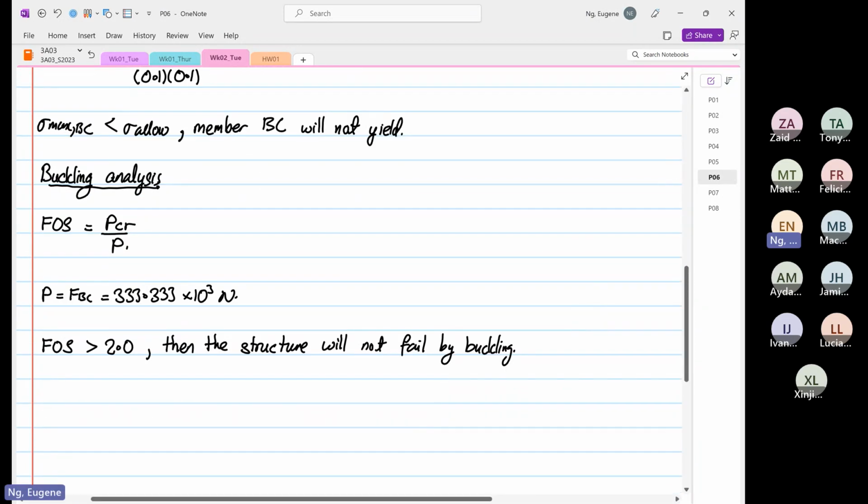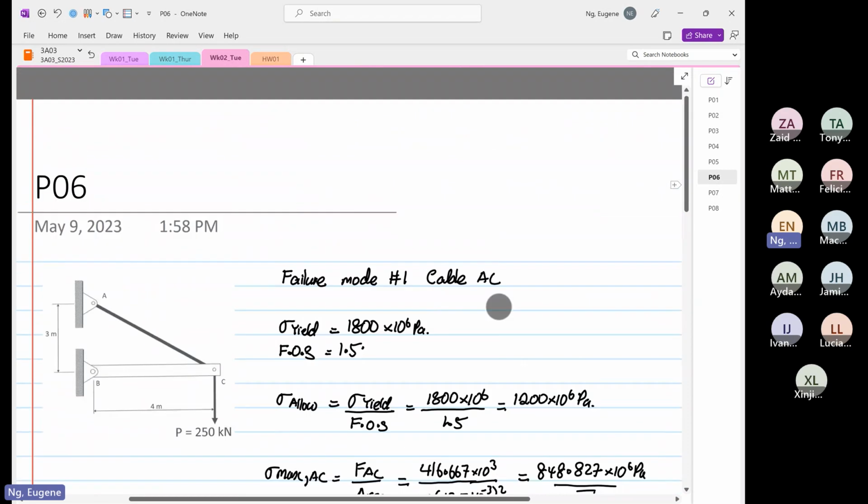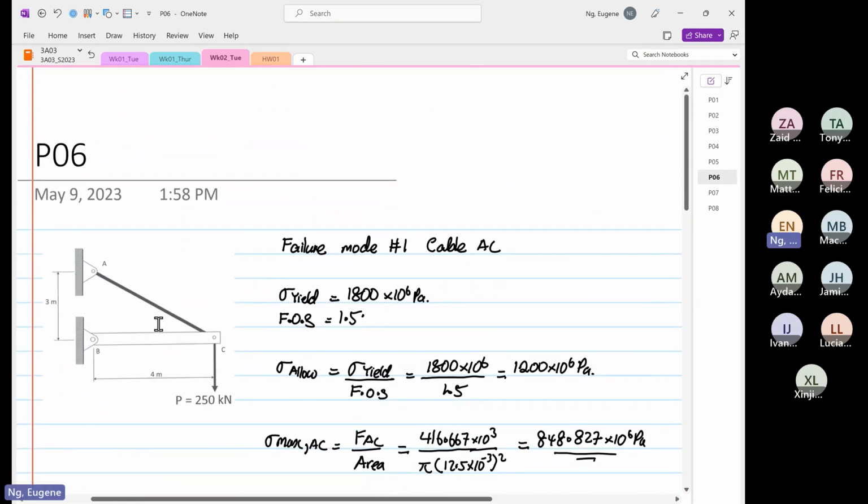So we are going to calculate our PCR, which is equal to pi squared E, and then I. We are not given I, we have to calculate that, and divide by LE squared, where LE is the equivalent length. Now let's look at LE. I'm going to copy and paste this figure.